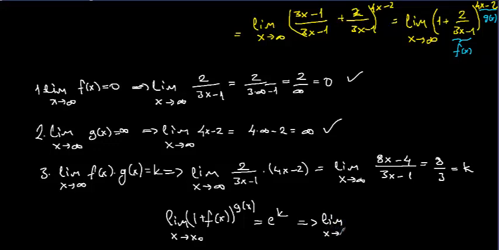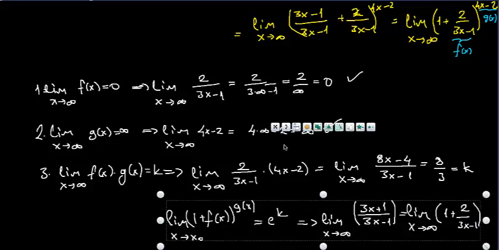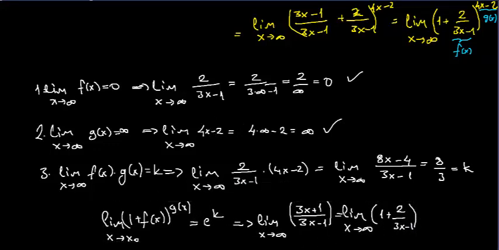Limit x tends to infinity, here 3x plus 1 over 3x minus 1 was equal to limit x tends to infinity 1 plus 2 over 3x minus 1 to the power of, let me write it in this expression, I forgot the power here, to the power of 4x minus 2, here also the power is 4x minus 2, which is gx, is going to be equal to e to the power of k, which is e to the power of 8 over 3.